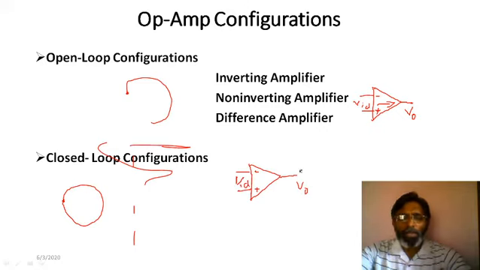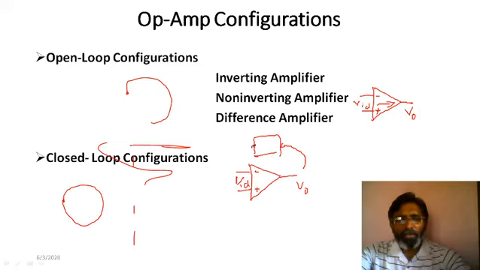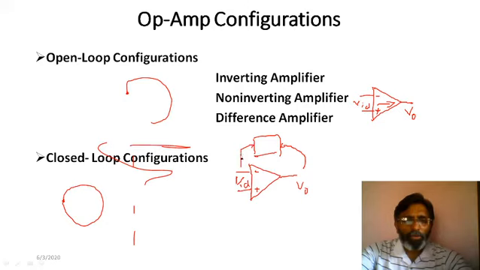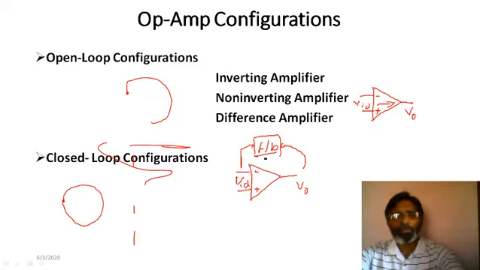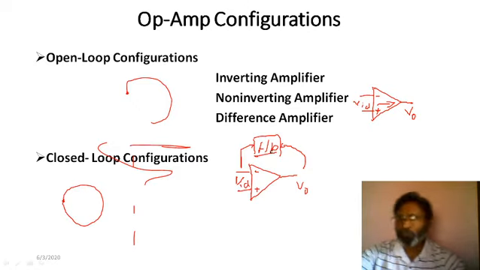Now if I take this output and I have some processing circuit here and give it back to the input in this fashion, then if I start from this point, I go to the output and again I am coming back to the starting point. So this is known as closed loop configuration, and this circuit is known as the feedback circuit. So we use op-amp in these two configurations.